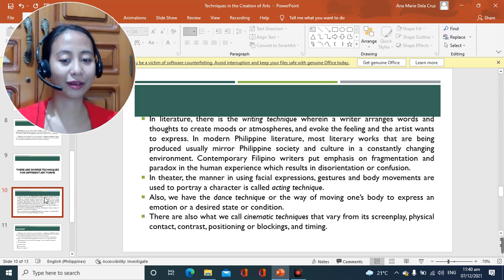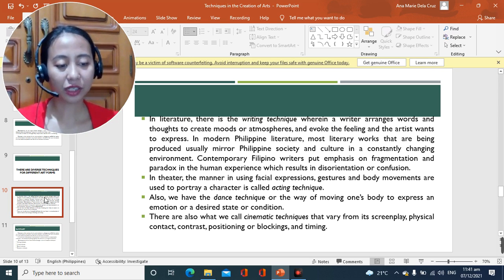Mga culture natin, ano ba yung mga paniniwala? Meron mga different practices na ginagawa, di ba? Like festivals, which are most commonly religious motifs. Ano pa? Yung mga part ng culture natin. Di ba, naniniwala din tayo, mga superstitious belief. Nasa culture din natin yan.